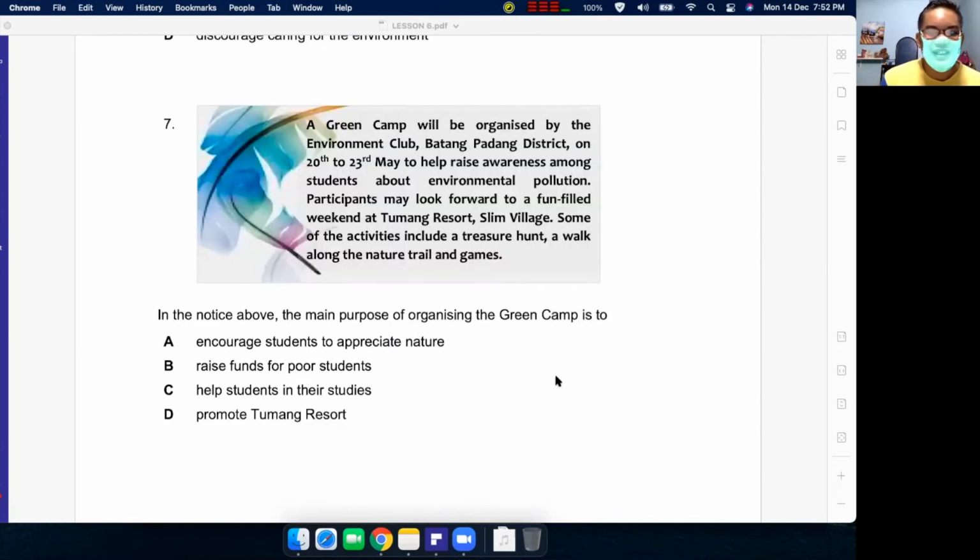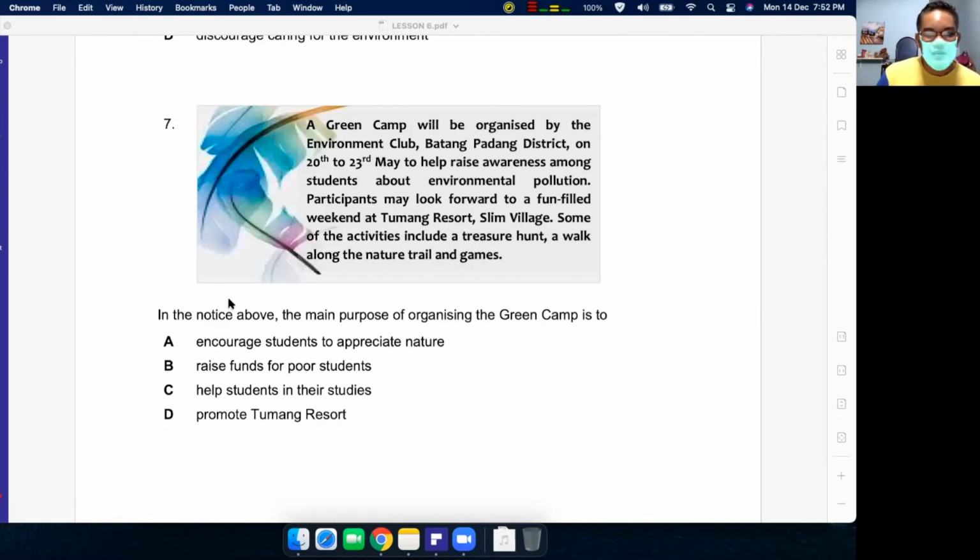Question number 7. A green camp will be organized by the Environmental Club Batang Padang District on 20th to 23rd May to help raise awareness among students about environmental pollution. Participants may look forward to a fun-filled weekend at Tumang Resort Slim Village. Some of the activities include a treasure hunt, a walk along the nature trails, and games.